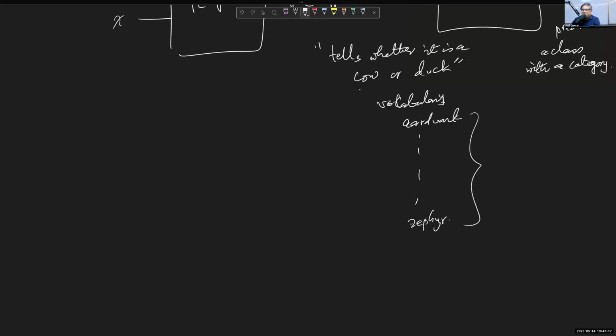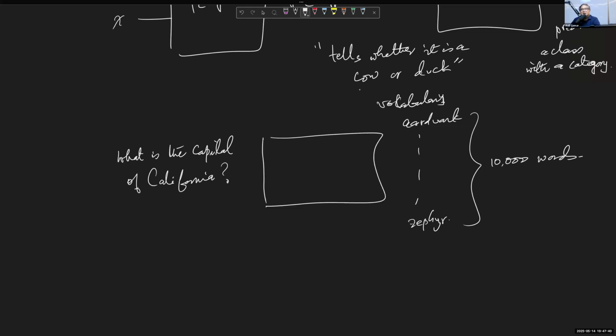Let us take a simplified vocabulary of 10,000 words. So when you give it a question, what is the capital? The machine gets it. All it has to do is pick a word from the dictionary. It doesn't actually answer the question. It just answers with one word from the dictionary.